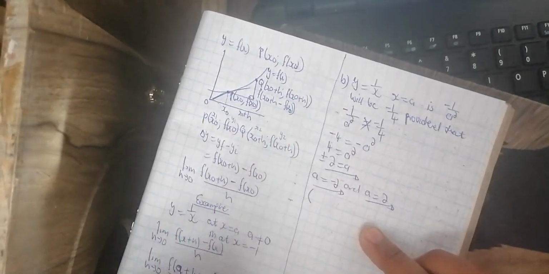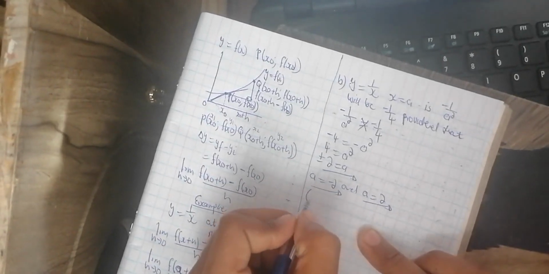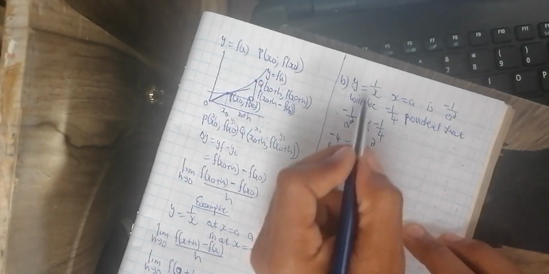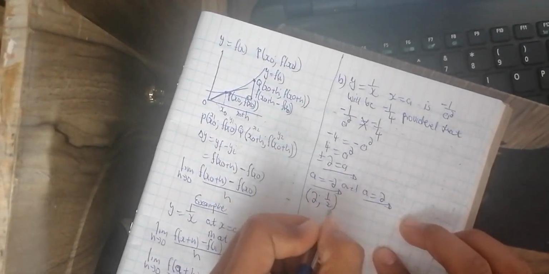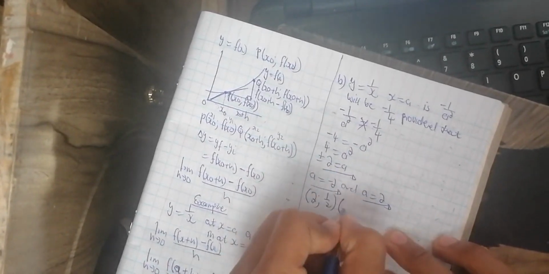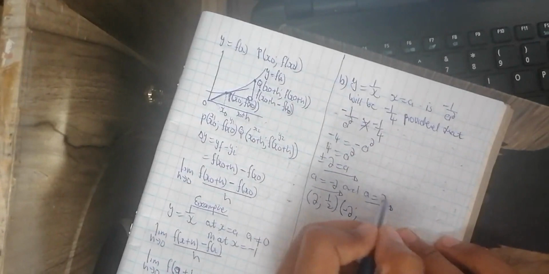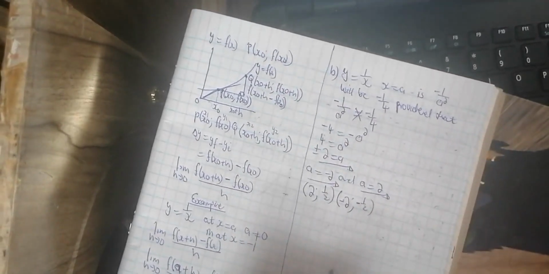When a, which is equal to x, is 2, you will find the corresponding y value of 1/2. Secondly, when you substitute minus 2 in the original equation, you will find the corresponding y value of minus 1/2.